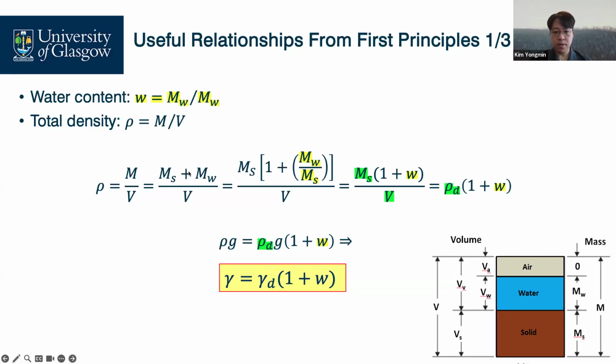The numerator can be factored by MS, and then MW over MS is water content. So simply the total density can be expressed by these equations in terms of water content and dry density. It is found that if we have the dry density and water content, we can calculate total density.